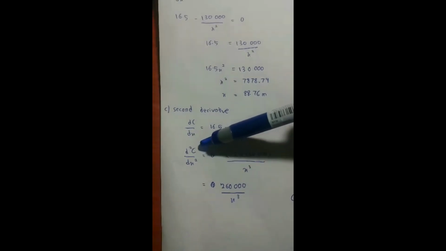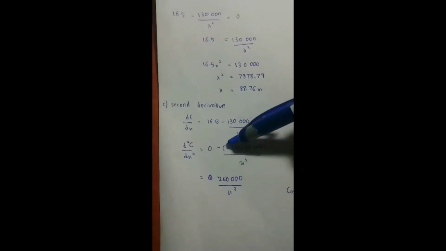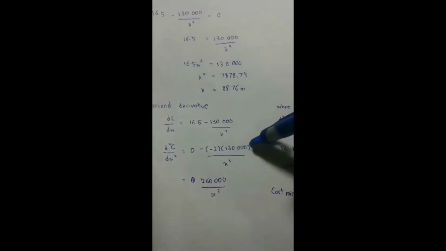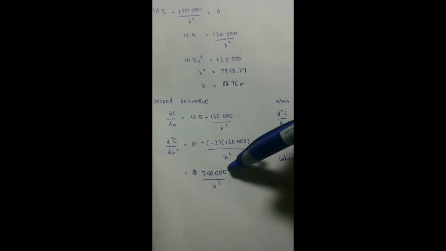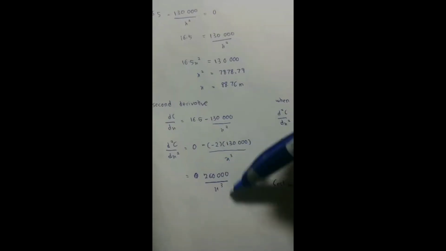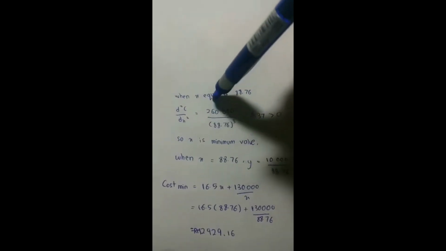The second derivative, d squared C over dx squared, equals 0 minus negative 2 times 130,000 over x cubed. Then we solve it, and we get 260,000 over x cubed. Then we use the second derivative to find whether the value is maximum or minimum.